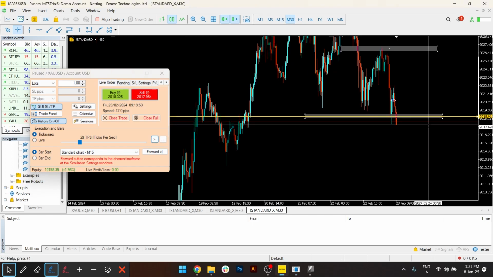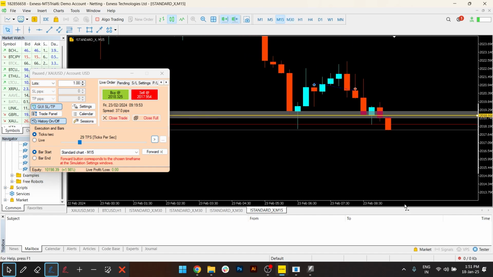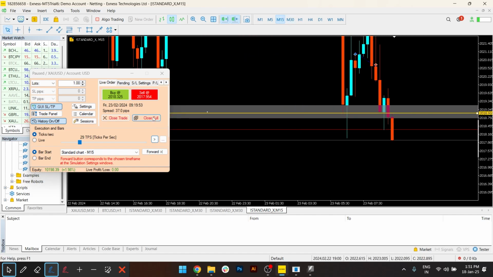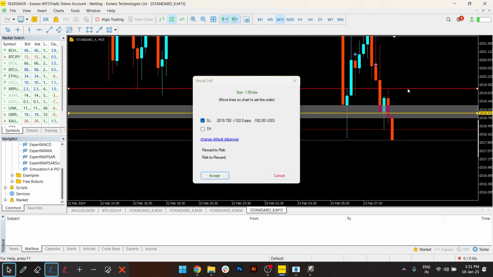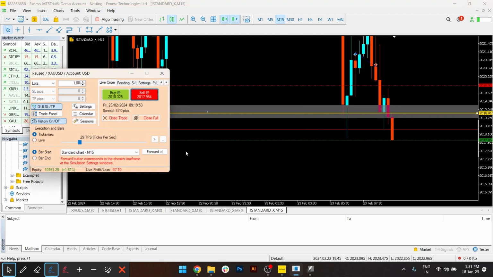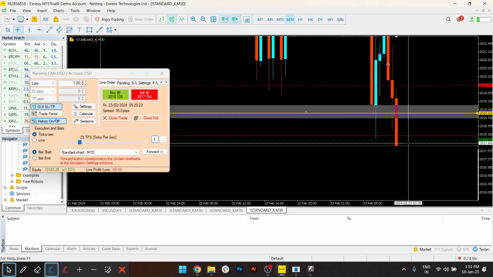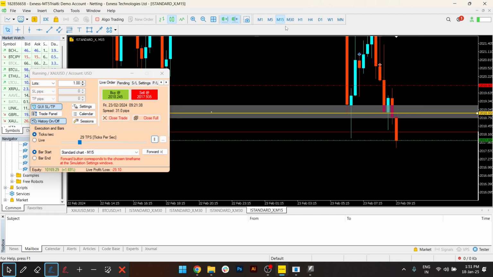And price should drop till this 35 pip range. Taking sell here, keeping stop loss above this candle, and I expect price to continue pushing down.